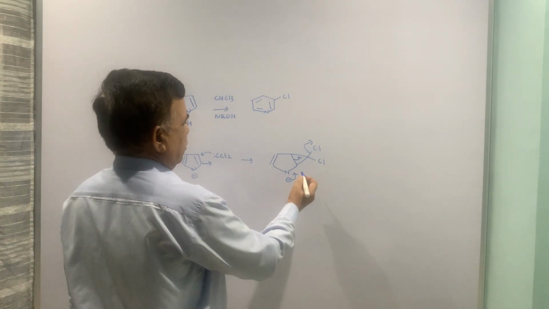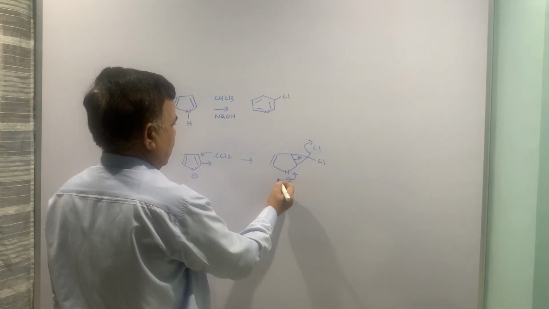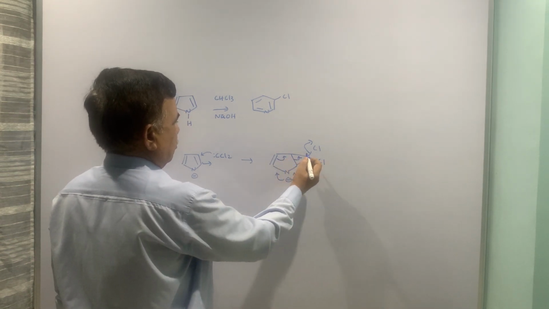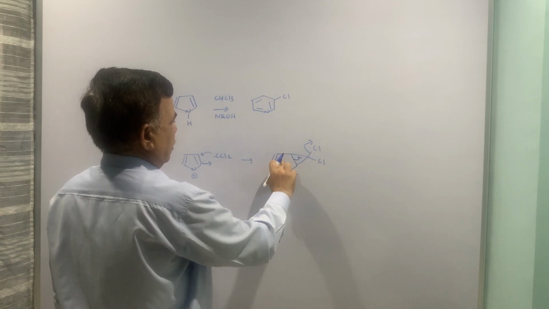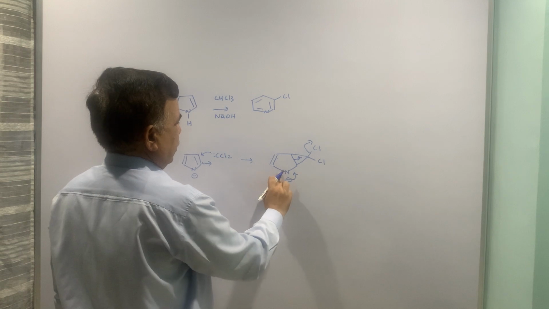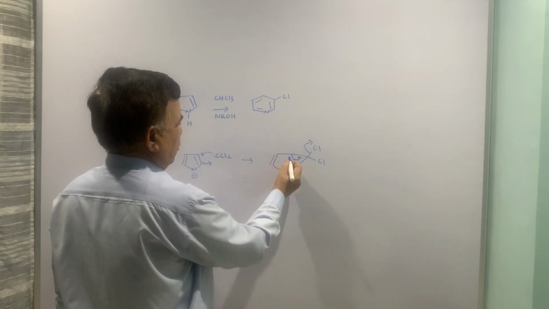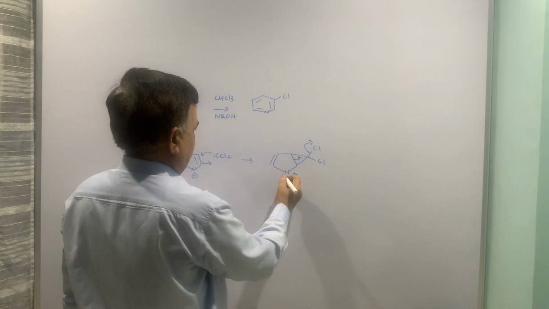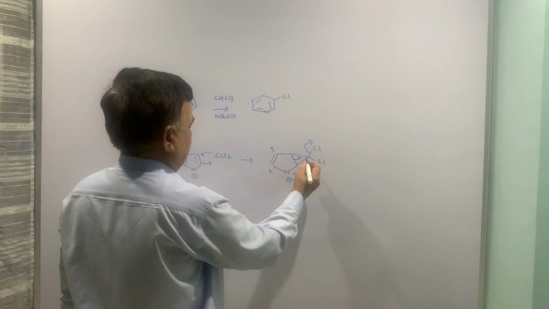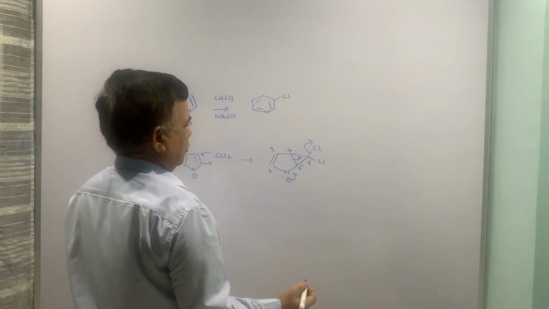So it will be a 6 membered ring, because you can show it this way also, and then you have to shift. I am showing it this way. You can show this comes here, and then finally you will get 1, 2, 3, 4, 5 and 6.